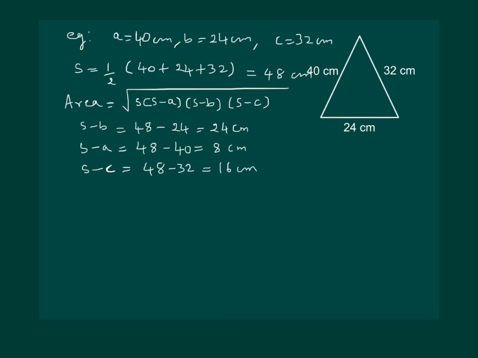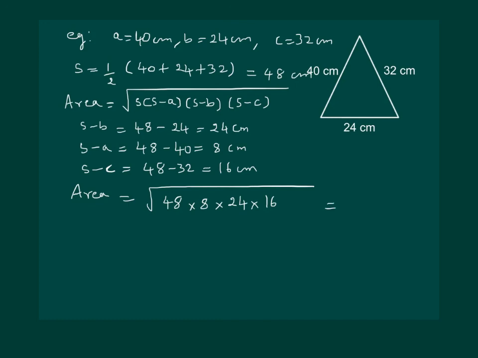It now remains to substitute these values in the formula. So let us do. s is 48, s minus a is 8, s minus b is 24 centimeters, and s minus c is 16 centimeters.